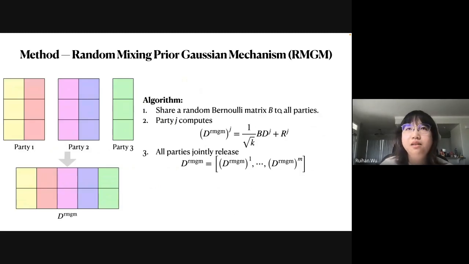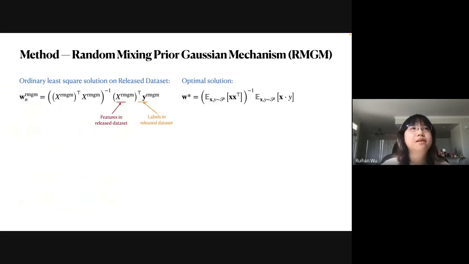Yeah, so this is our release algorithm, and then we are going to check the linear regression solution on top of it. Again, the left is the ordinary least square solution on released data, and the right is the optimal solution.